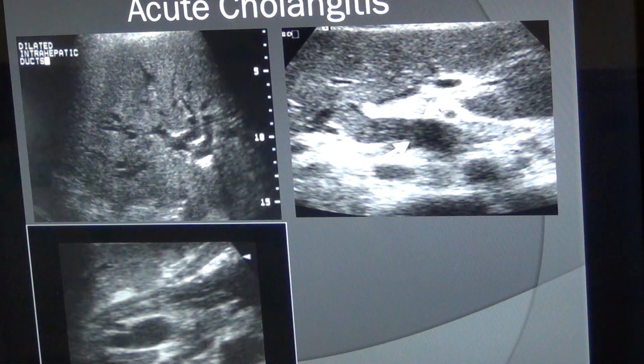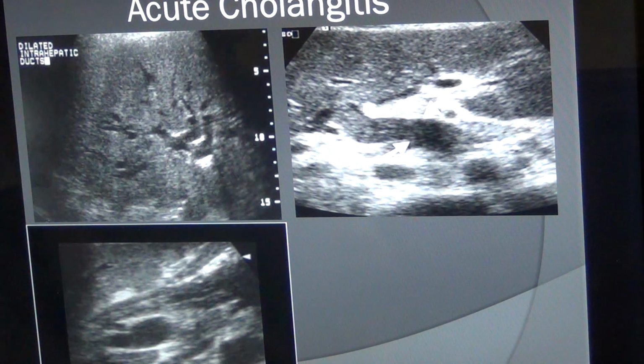Now acute cholangitis, the symptoms. What are the symptoms? The patient will have severe pain in the right upper quadrant. The patient will develop jaundice, and will develop fever, a high rise of fever, and will feel nausea and vomiting, and not good at all.